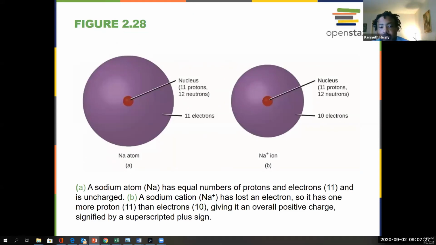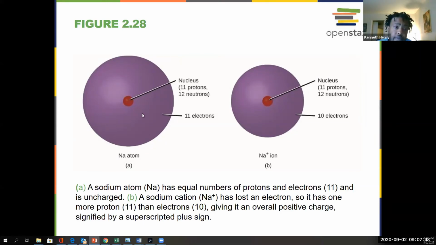So we've talked about the number of protons, the number of electrons, the number of neutrons, right? We've talked about the ion itself. So the next thing that I wanted to talk to you about is size of the atom, right? So here's a good example.